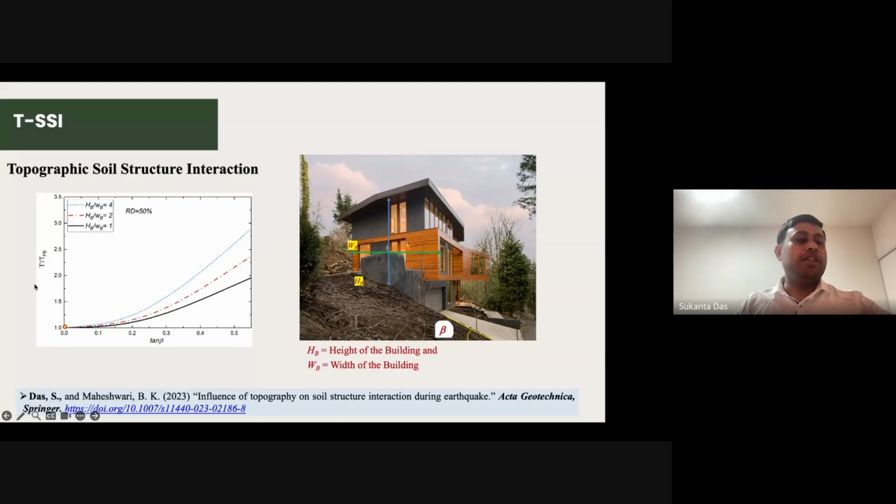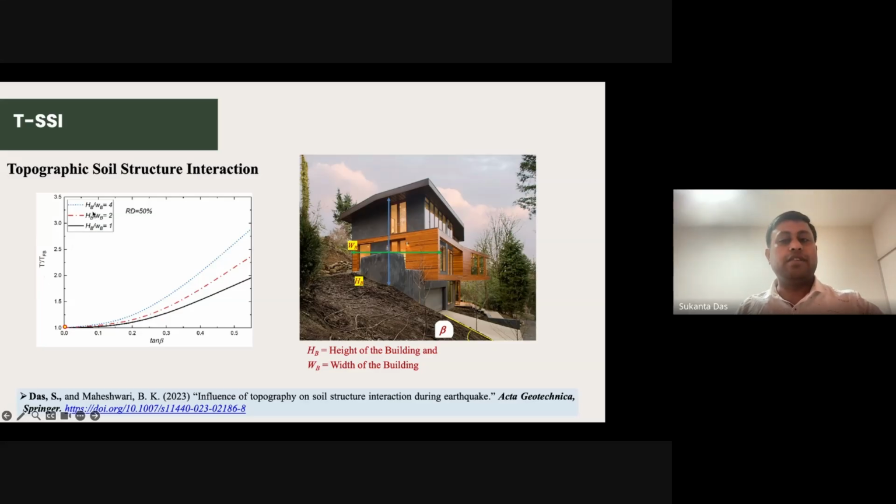Often in soil structure interaction we call it the soil structure interaction importance factor, the ratio of the time period of the structure with the soil to the fixed base condition. So I have given it a name, topographic soil structure interaction. This is the slope angle, and how this behavior changes with different scenarios.